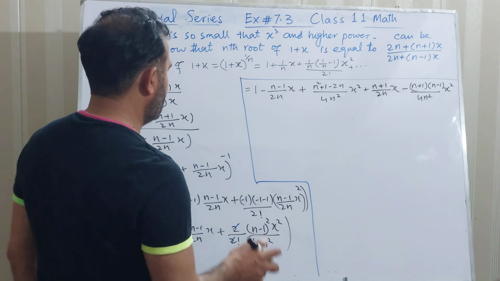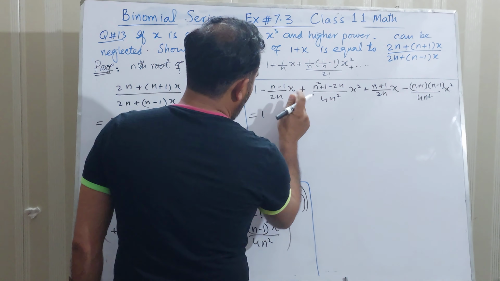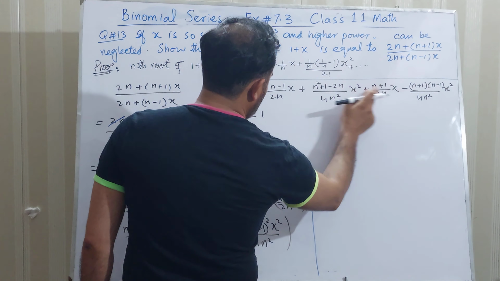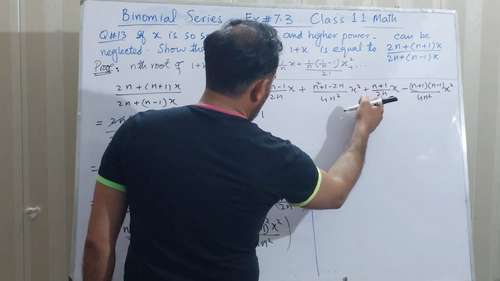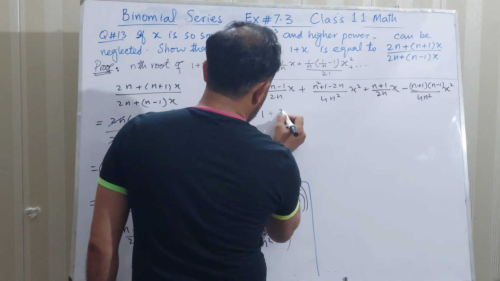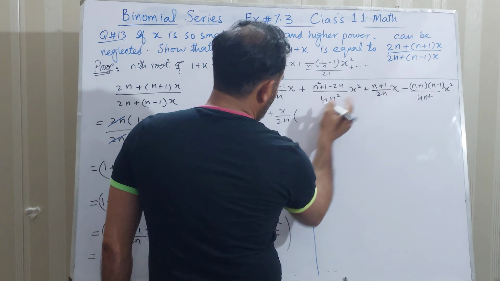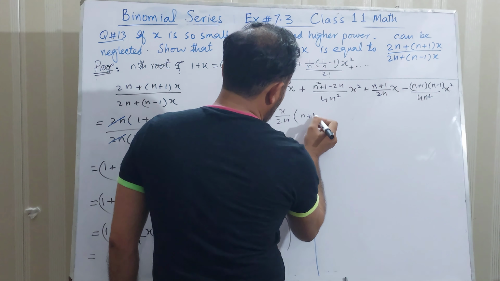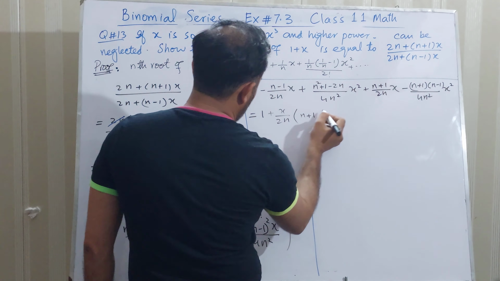So now we can add these terms. It will be 1, and x and these two x terms. What is common over here is x divided by 2n. So plus x divided by 2n is common, so it will be n plus 1, writing this first, and this one, so minus (n minus 1).